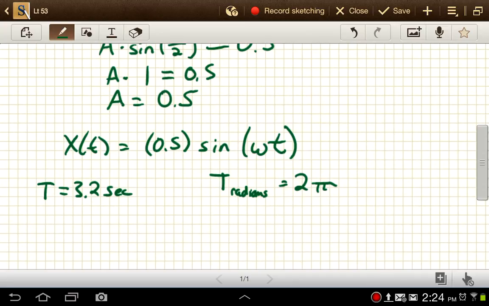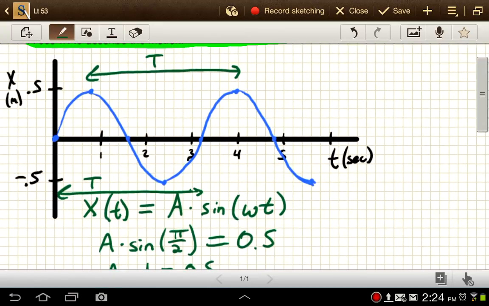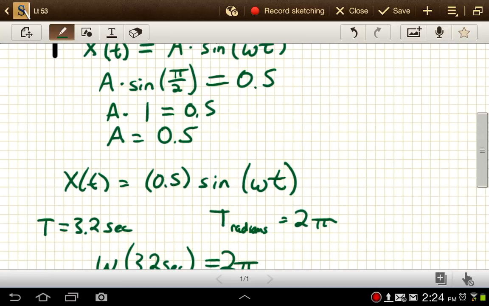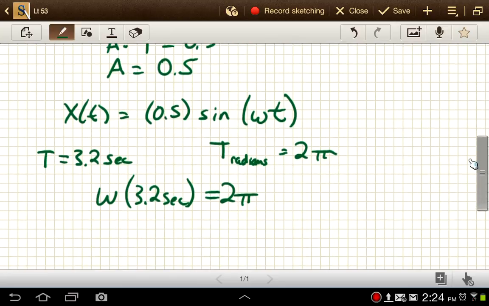So when t is 3.2 seconds and I've gone through one period, the inside of this function should be equal to 2 pi. So omega times 3.2 seconds should give us a value of 2 pi. Then the sine of omega t, where t is 3.2 seconds, gives us 0.